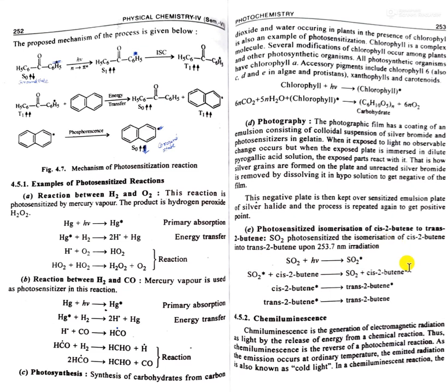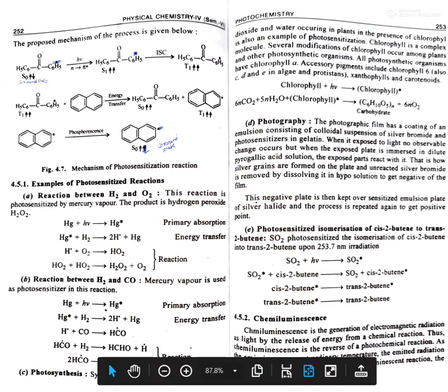The pi bond will break, and then carbon-carbon single bond rotation becomes easily possible to get converted to trans 2 butene, and the trans 2 butene will be converted to the ground state. So these are the examples of photosensitized reactions.